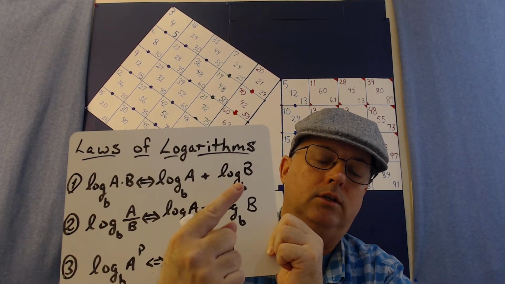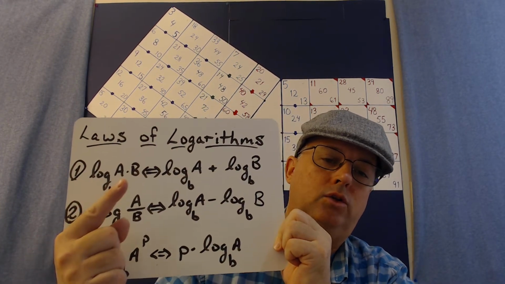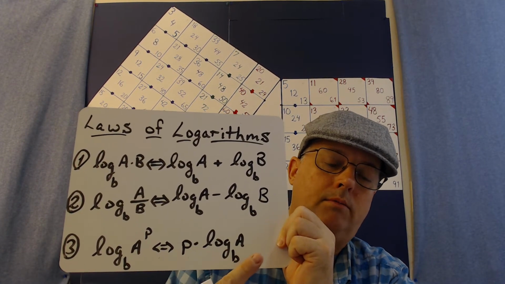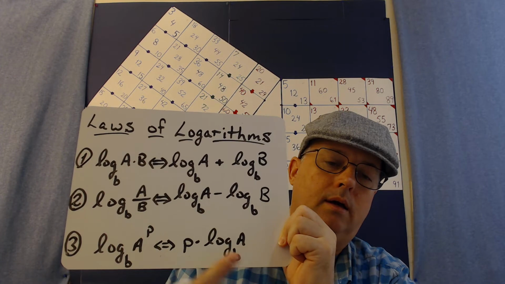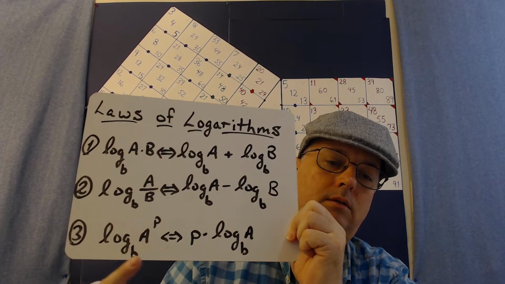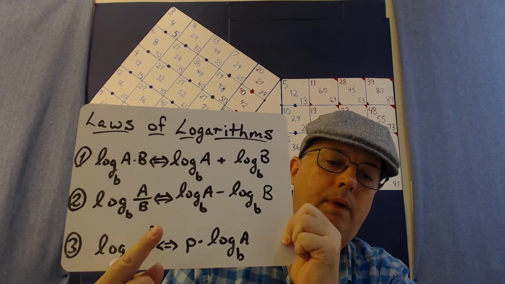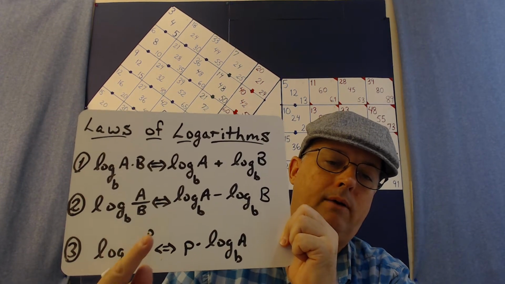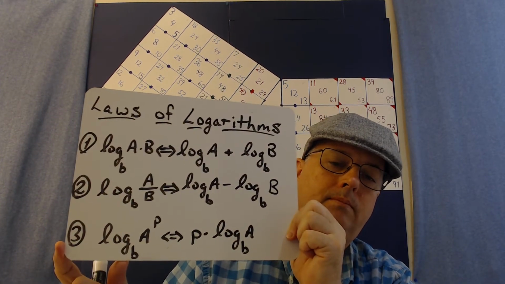If we have addition of logs, we write it as multiplication. And if we have a power times a log, that's the same as a power to a power. If we're multiplying the powers, that's the same as a power to a power. Okay, so let's do some problems involving that.